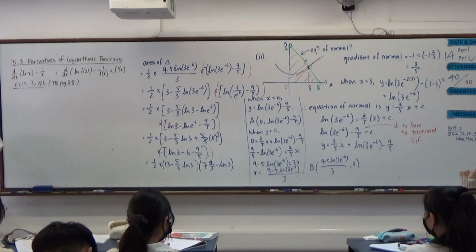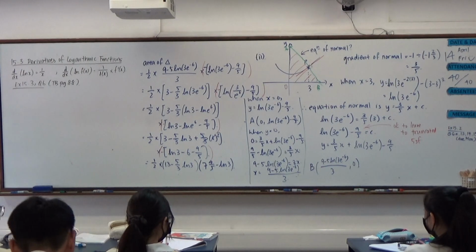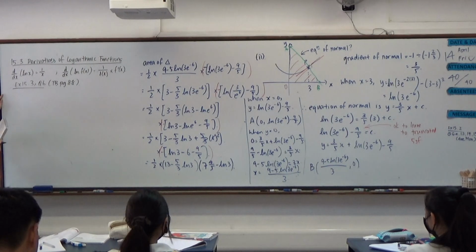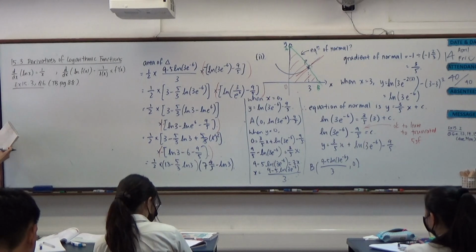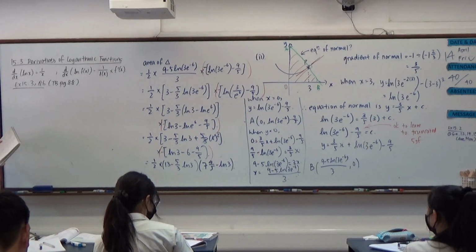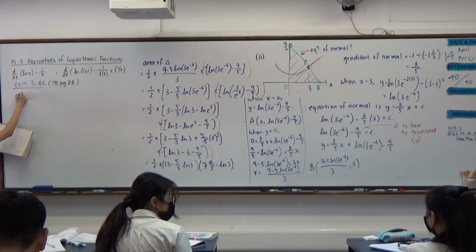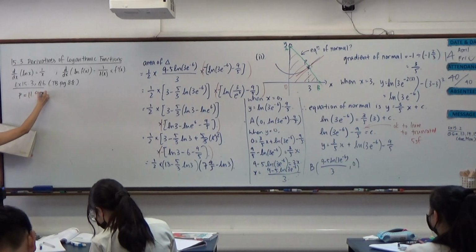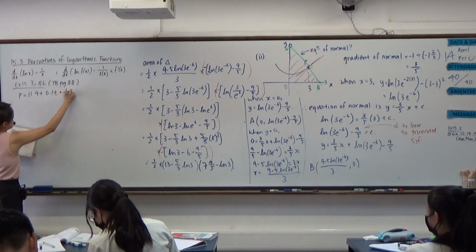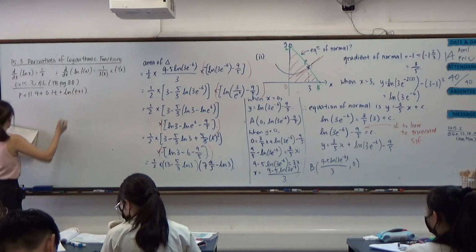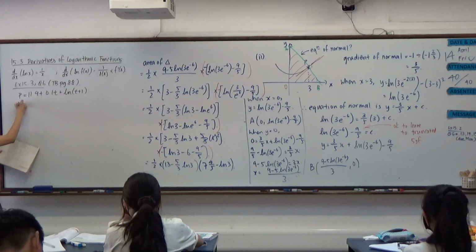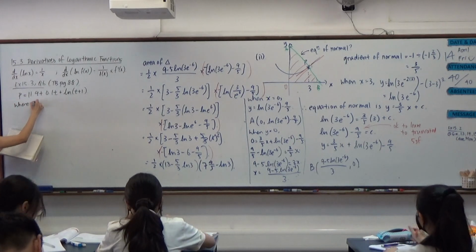Okay, so looking at this question, in your textbook, that's on textbook page 88. It says that the housing price index in a particular country between 2010 to 2020 was given by this function, where t refers to the number of years after 2010.